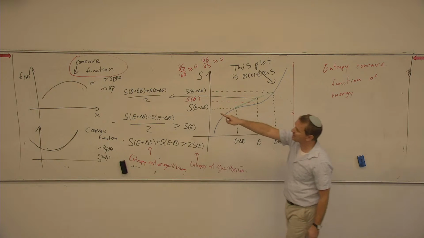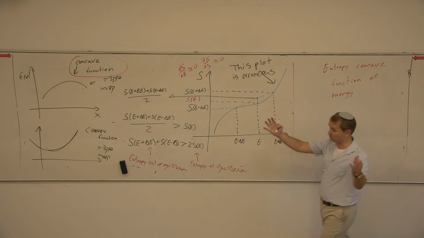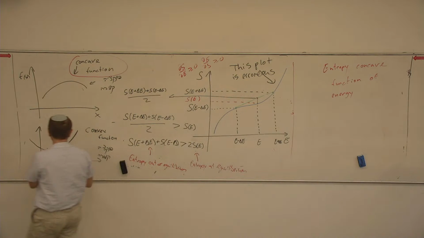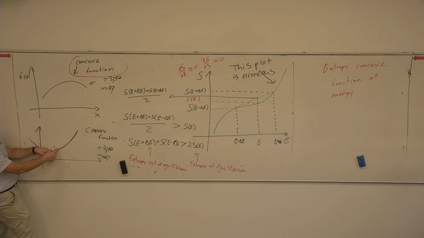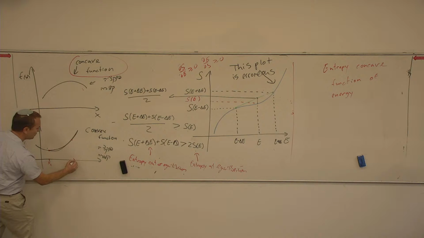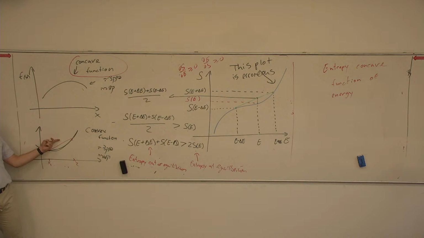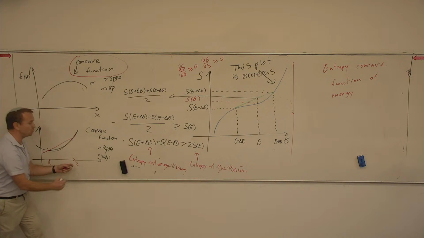Okay? So convexity or concavity is a global property, okay? Because I'm not saying, oh, something happens at this specific point. A convex function tells us that for any x's, if I pick x1 and x2 and draw a straight line between them, this straight line is going to be above the function no matter what x1 is and no matter what x2 is.